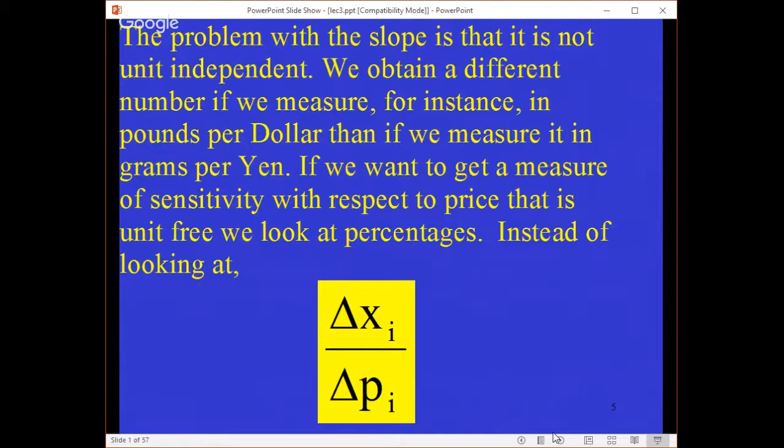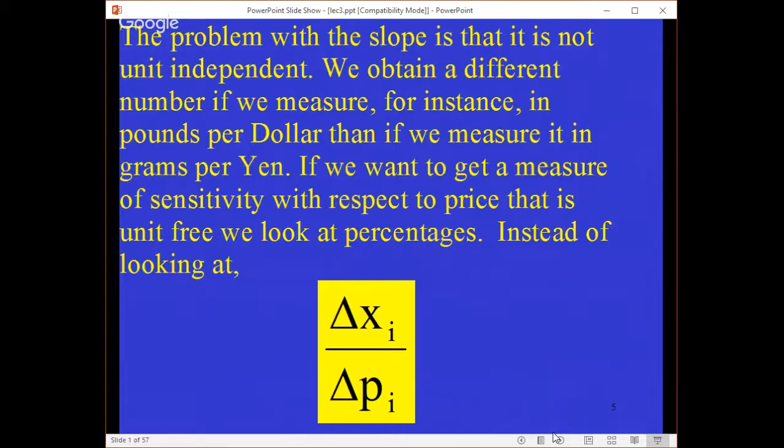Or I can do the same thing in grams per yen. Now, it's the same product, it's the same good. The demand should be the same, but the slopes are different because we're measuring different things. Well, actually, I shouldn't say that. We're measuring the same thing differently. So instead of looking at the slope, here, the big changes.